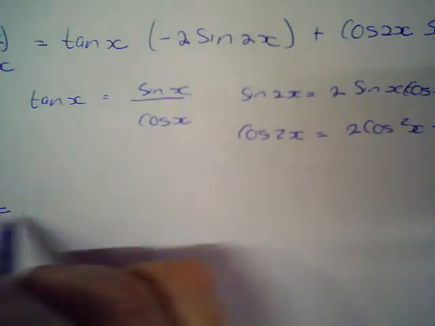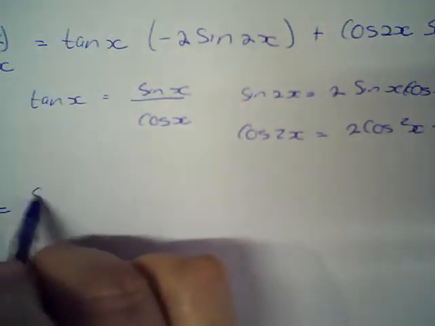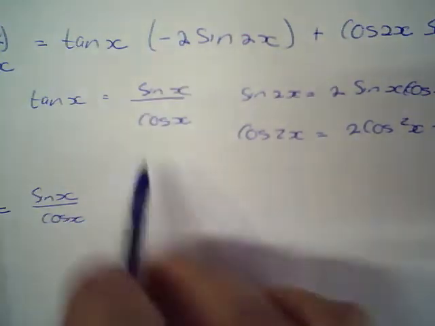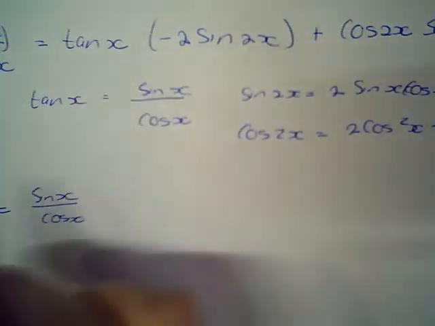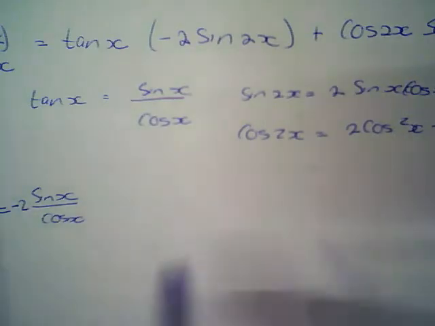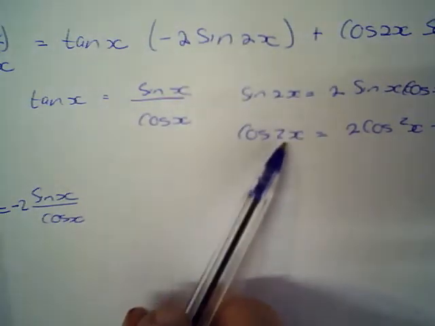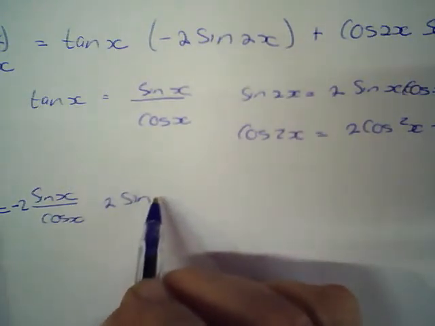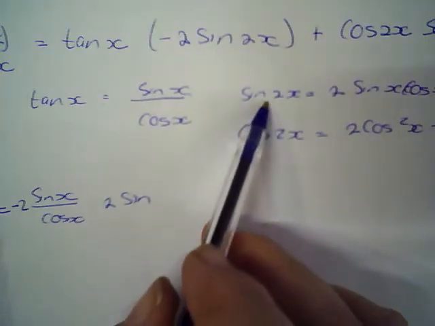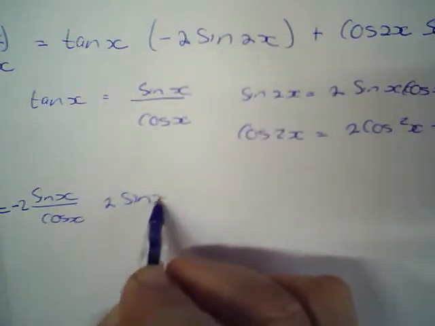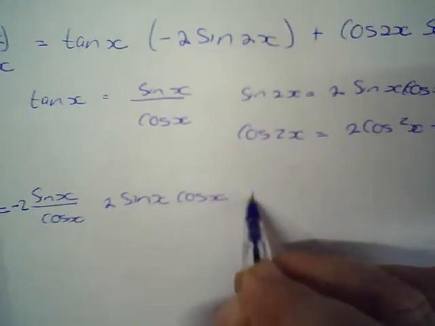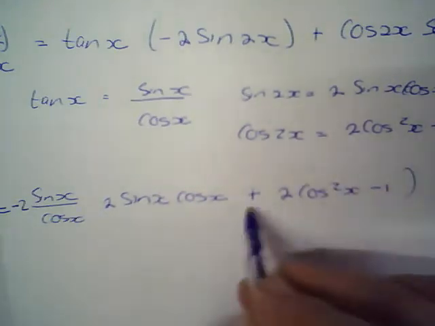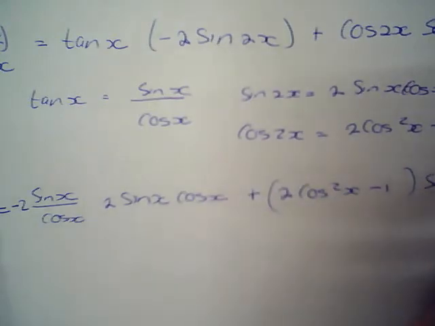So that's going to be sine x over cosine x, and we can actually move this over to the front. So let's do that, negative 2, and sine 2x would give me 2 sine x cosine x, plus 2 cosine squared x minus 1 times sec squared x.